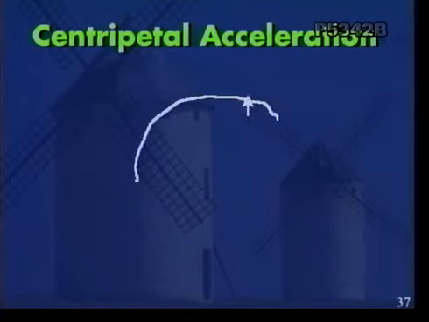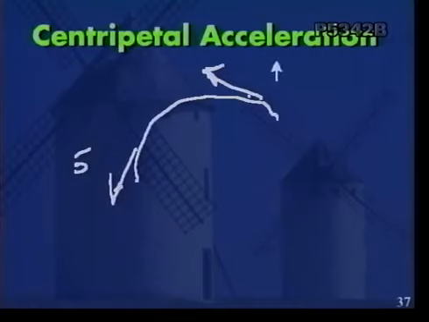Now, if an object is changing in its velocity, traveling around the outside edge, it's going to change its velocity. If it's changing its velocity, it must be accelerating in some way. Acceleration is a change in velocity. So if I have an object that's traveling around the outside of a circle, it's traveling this way at one time, it's traveling this way at another time, and let's say it's at constant speed.